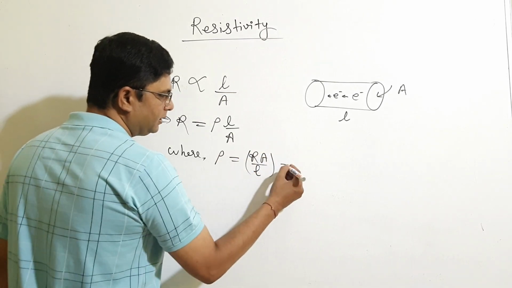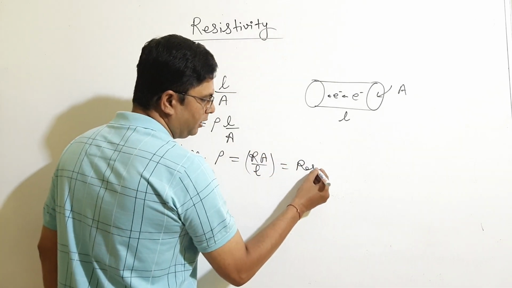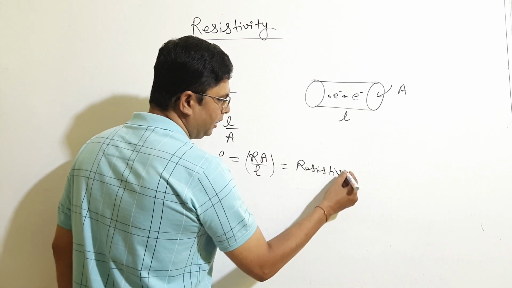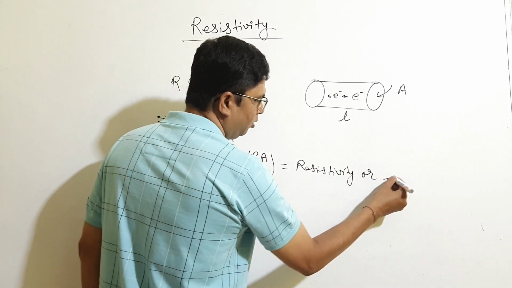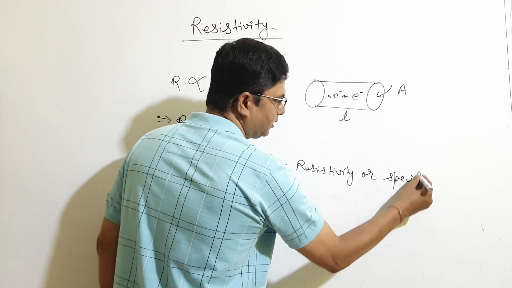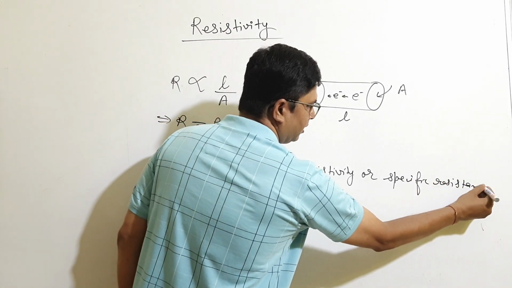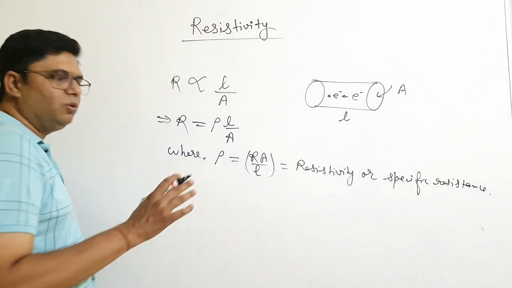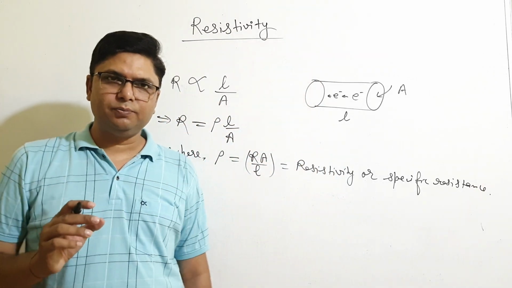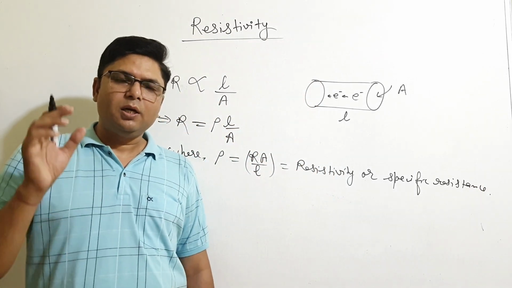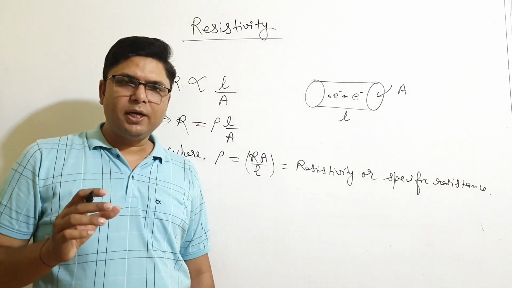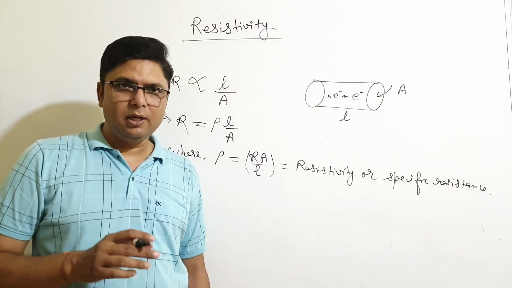This quantity is said to be resistivity or specific resistance. Why is this known as specific resistance? Because this is constant for a given material.